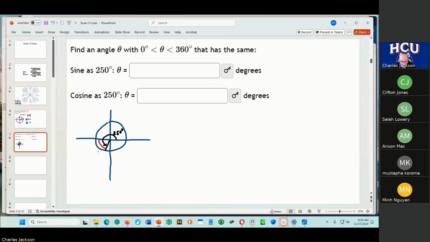We are in the third quadrant where everything's negative. So reference angle, 250 minus 180, equals 70 degrees.